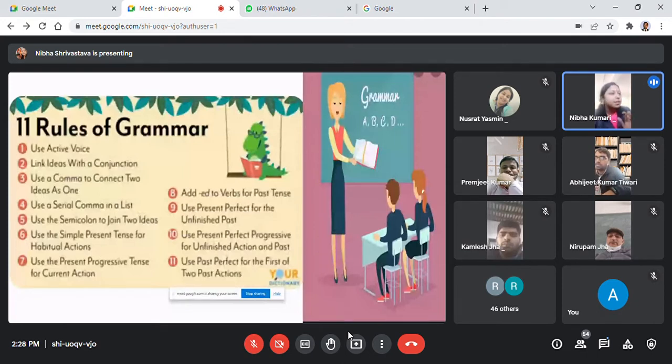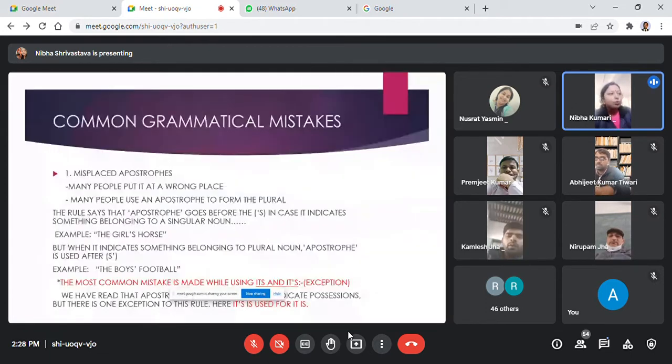Okay, now let us move on to the next. Some of the common grammatical mistakes which students make, and in which many a time we adults also get confused. One common mistake we all make is misplaced apostrophes.